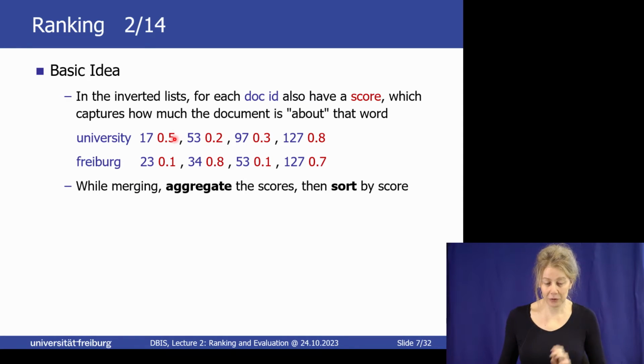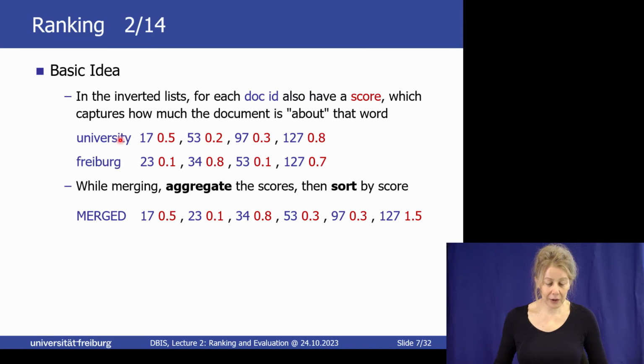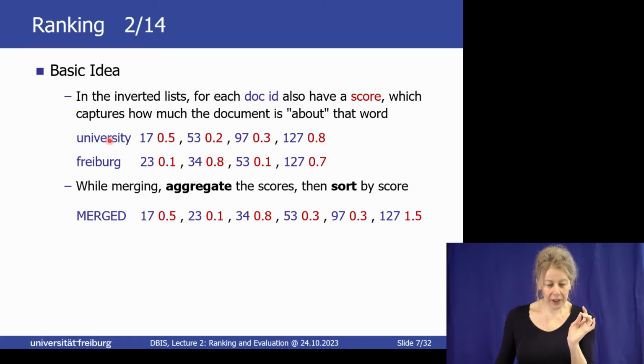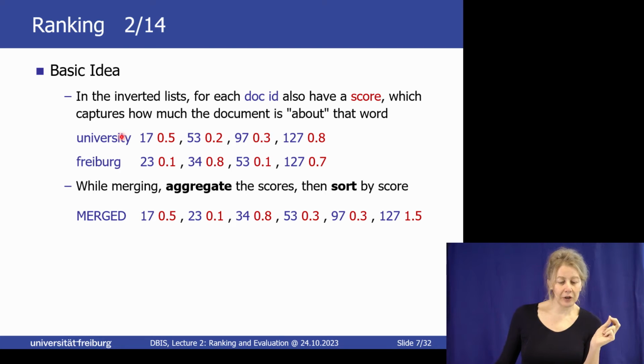But before we talk about that, now I have a keyword query like before, and now I just aggregate the scores. So document 17 just contains, and note a new thing here, now we are merging. Last time we were intersecting. Document 17 only contains university, and not Freiburg. We still have it in the result list, and we just take only the score from that. Let's take another one, 53.